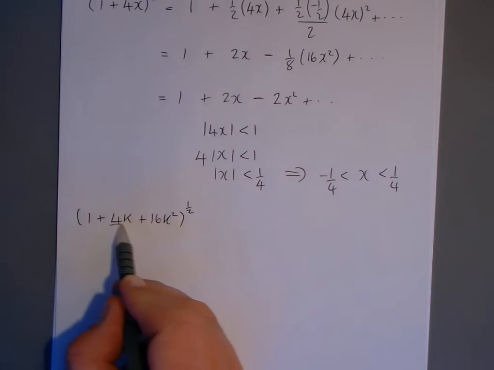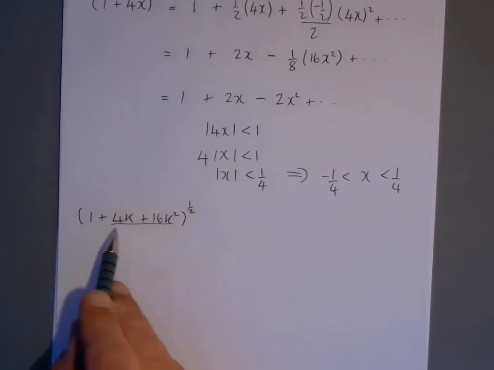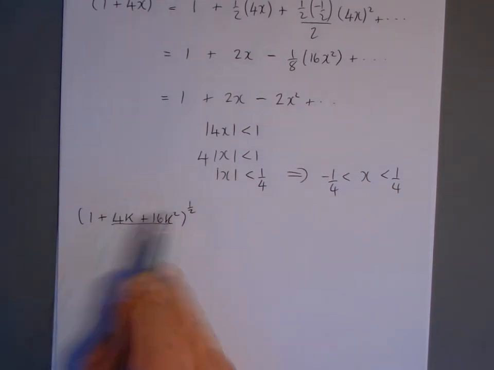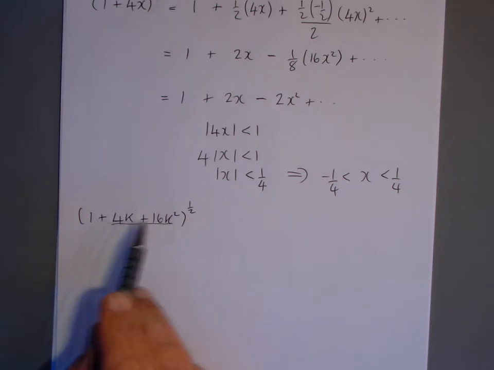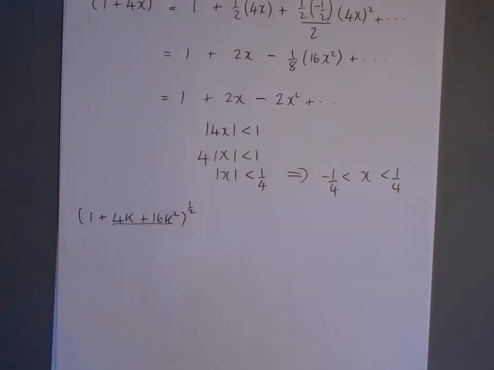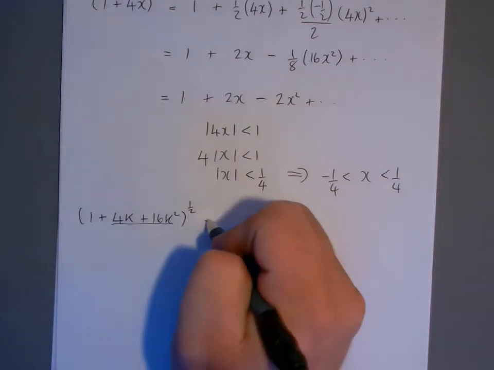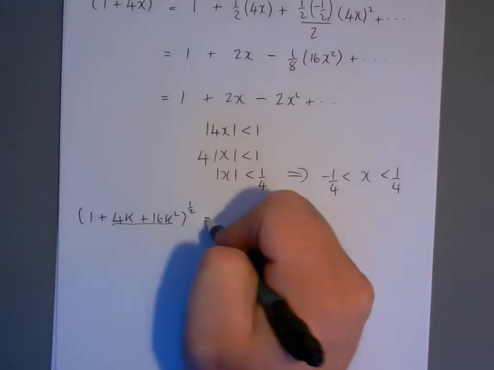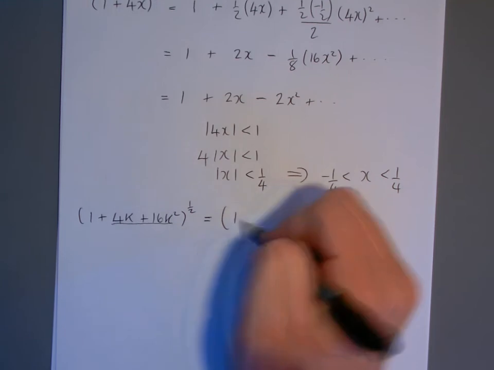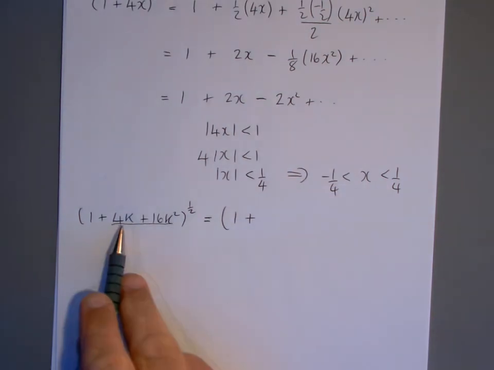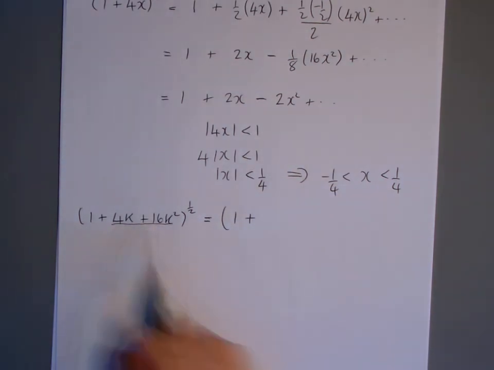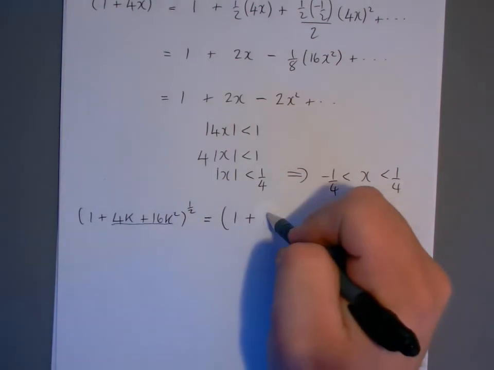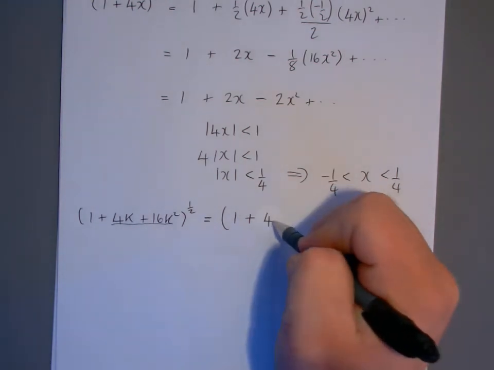If I make this 1 term, I'll have 1 plus 1 term. So we've got that binomial thing going on again, with 2 terms in the bracket. So how do I do it? Well, let's rewrite it to have 1 plus, because 4 is a common factor, I'm going to factorize out the 4.